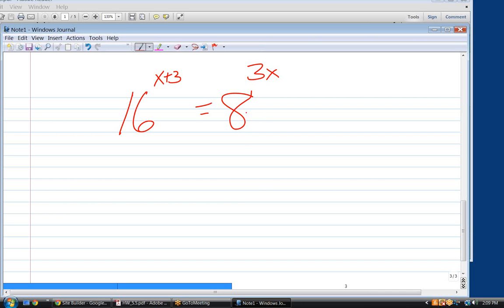So they have the common base of 2. On the left, 2 times 2 is 4 times 2. We'd have a 2 to the 4 times x plus 3. Let's write it like that first.